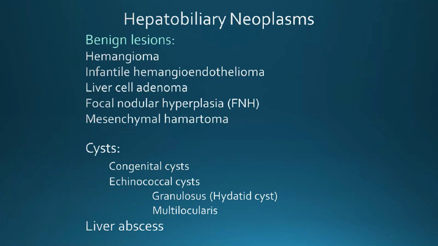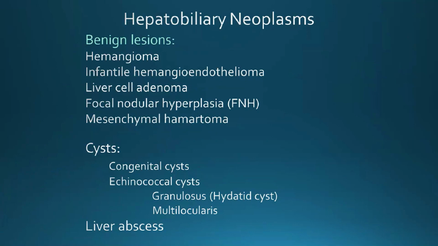Also, we have cysts in the liver, which are congenital cysts, and echinococcal cysts, which are divided into granulosis or hydatid cyst and multilocularis. And of course, we have liver abscesses, which again can present as a liver lesion.